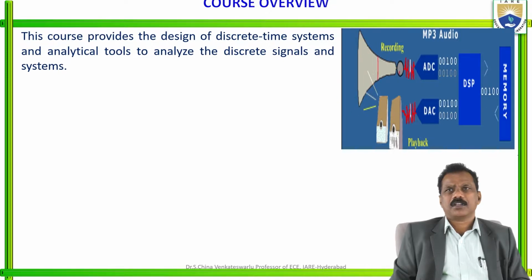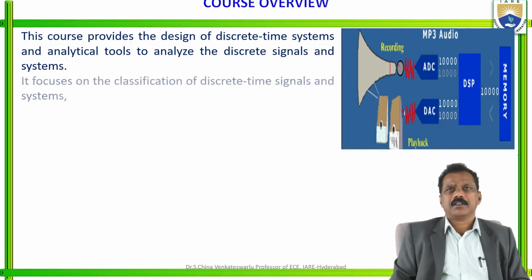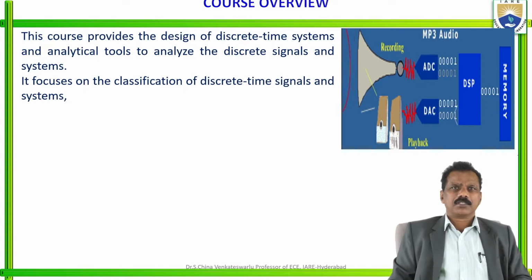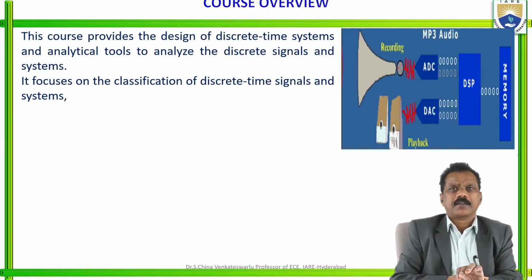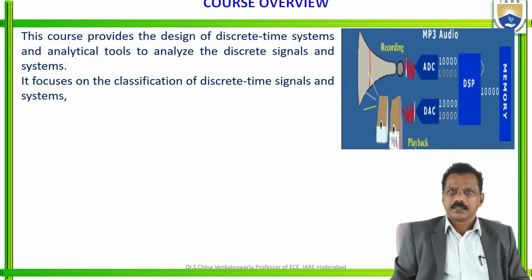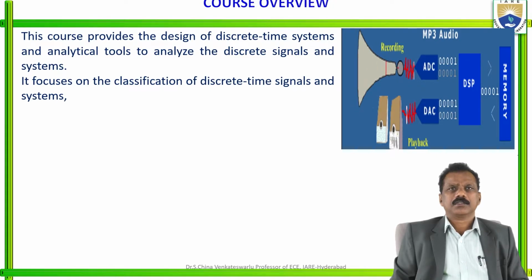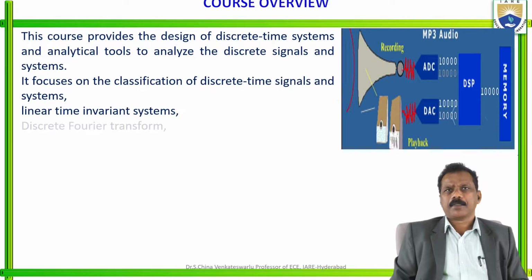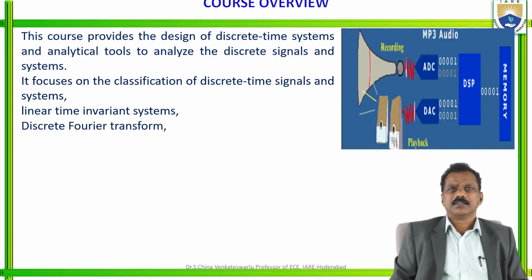Using DSP, it focuses on the classification of discrete time signals and systems. Within this, the linear time invariant system. After that, we are going to involve the discrete Fourier transform.